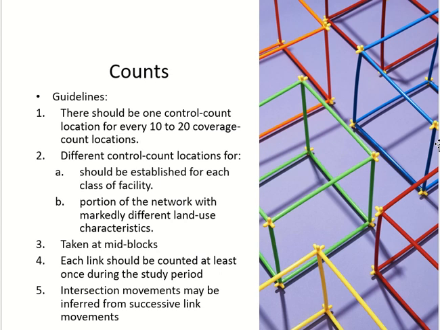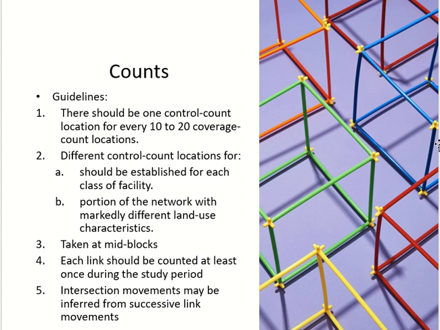Type of area. Type of area means what type of activity is happening in that area. For example, we have education area, commercial area, residential area. Okay. So you cannot mix the counts of different areas together. Okay. You cannot mix the count of control and coverage of residential area with commercial area.